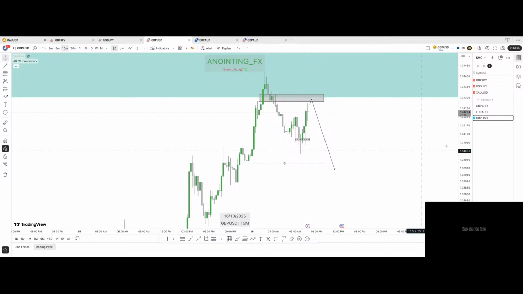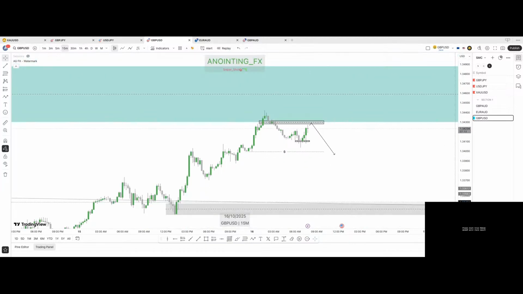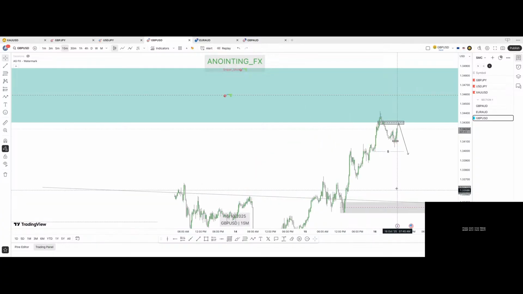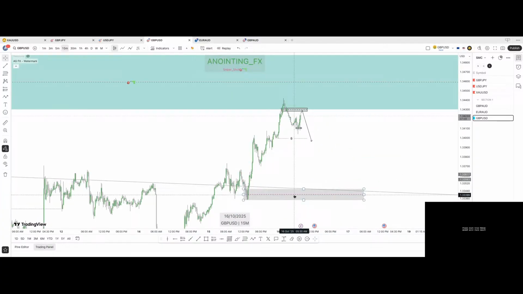And you know my target already. I'm targeting this level, reason being that it's the last demand zone that broke structure to the upside. That's the reason why I'm looking at taking my buys from this level.